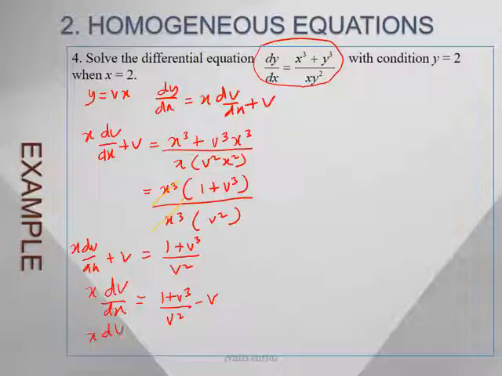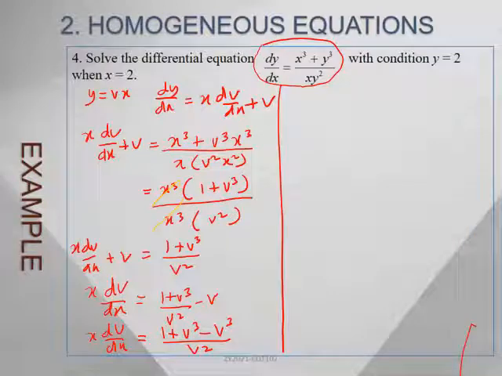So it would be 1 plus v cubed minus v cubed divided by v squared. So what do you obtain here? x dv over dx is equal to 1 over v squared. So now we have only one term for both sides, so we can move them together.